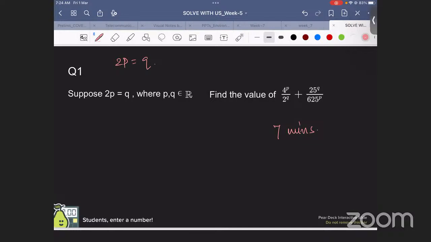Can we write it like 2 to the power 2p? 4 is 2 squared, so 4^p is 2 squared, whole to the power of p. That will become 2 to the power 2p, correct?